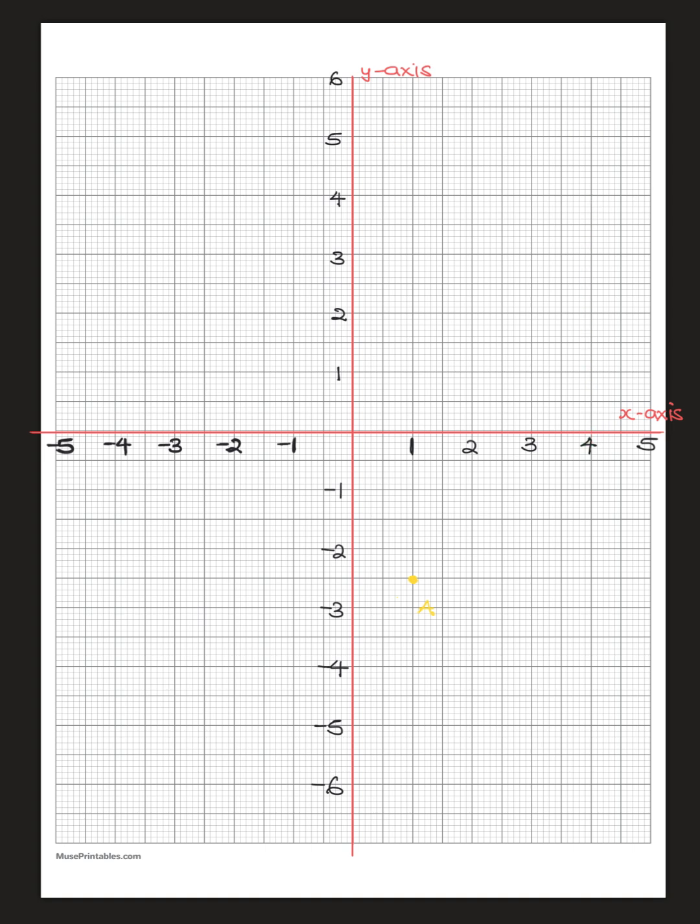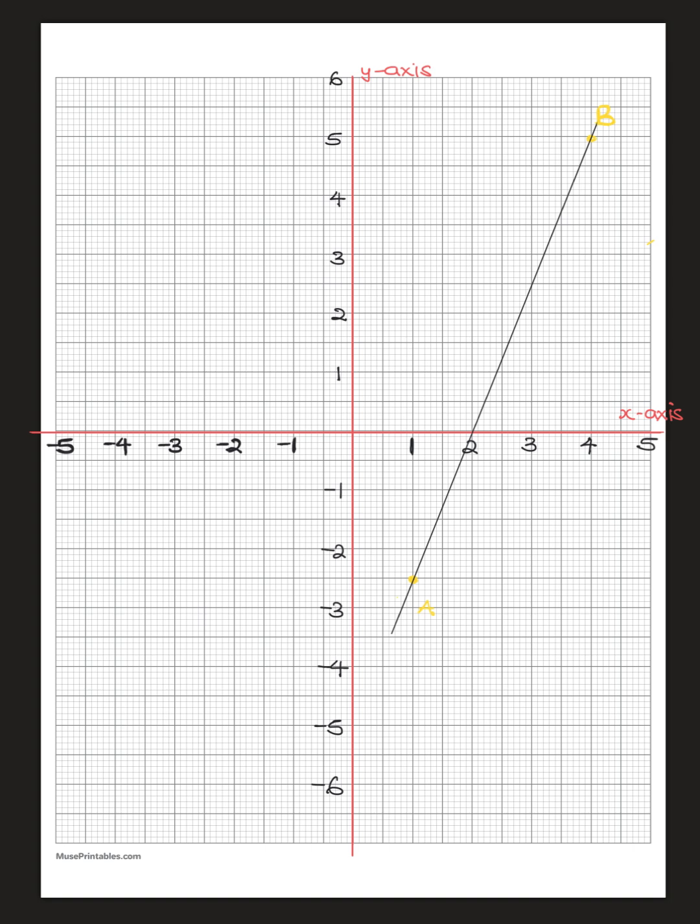So this is the meeting point. That is point B. We are now instructed to join the 2 points. So we will take a ruler and join the 2 points as shown here.